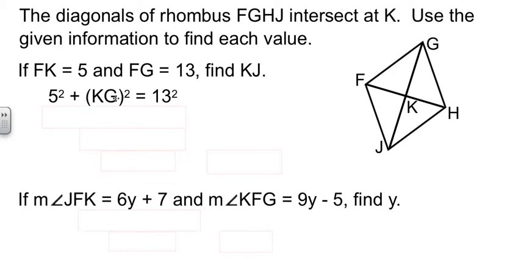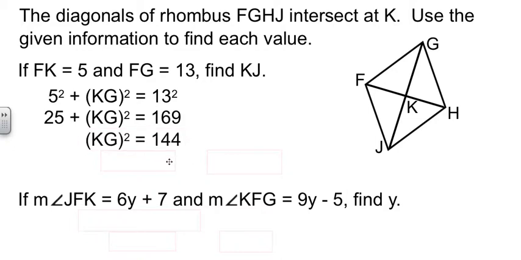So 5 squared plus KG squared equals 13 squared. Doing a little arithmetic, subtract the 25 and take the square root. KG is 12. Well, diagonals bisect each other, so if KG is 12, then KJ is also 12.